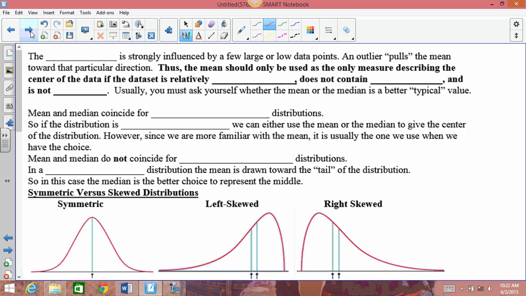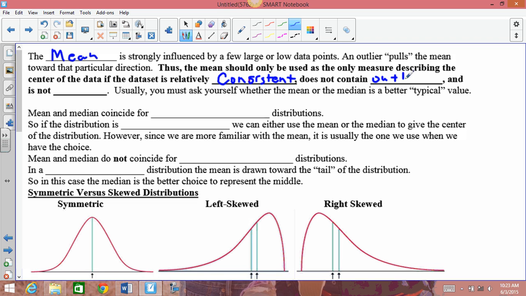All right, we'll flip it over to the last page and fill in some pieces here. The mean is strongly influenced by a few large or low data points. An outlier pulls the mean toward that particular direction. Thus, the mean should only be used as the only measure describing the center of the data if the data set is relatively consistent and does not contain outliers.